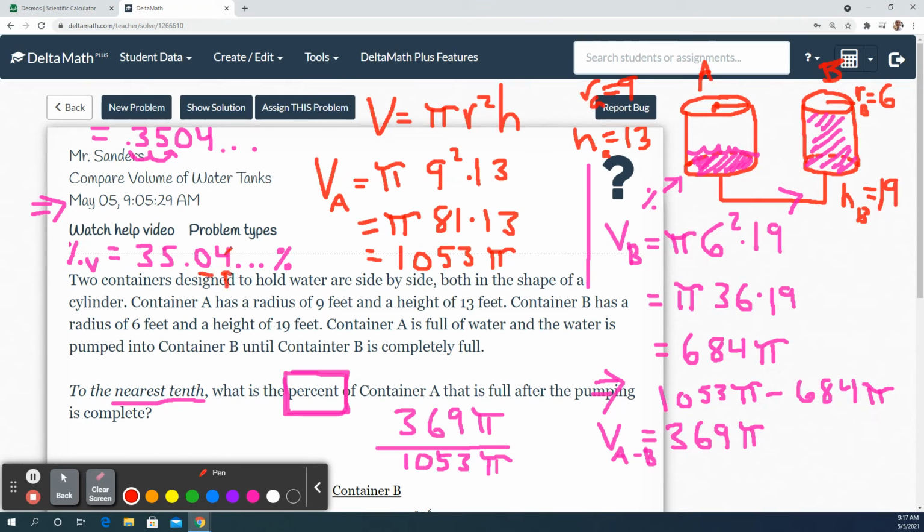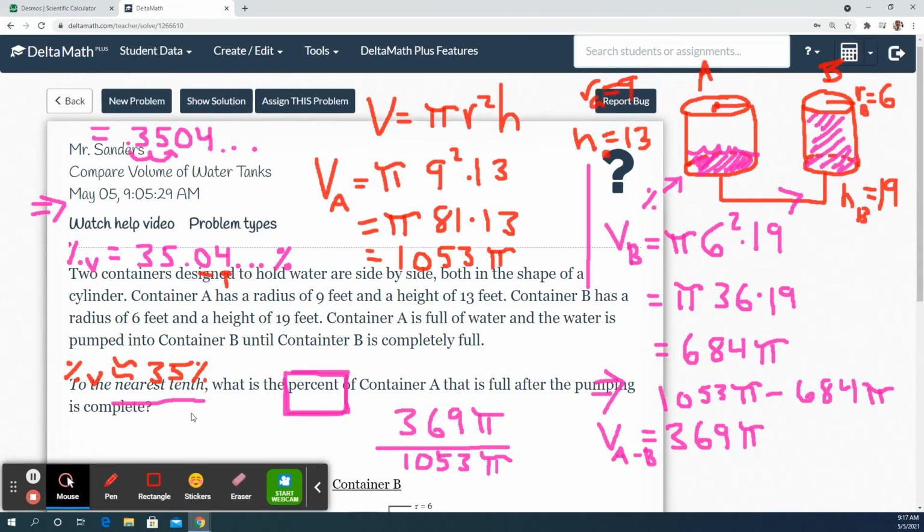We look at the number there. It's a 4 or less, so everything drops off. So our percent of volume that's left over is approximately equal to 35%. Let's see how we did. 35%.